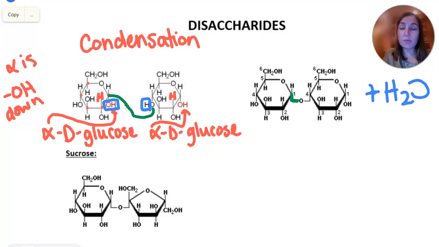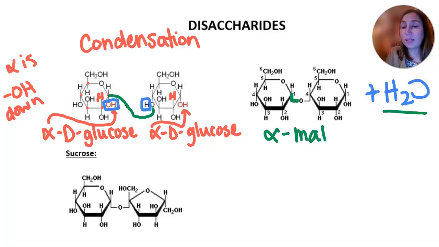And so H on one, OH on another, loss of water for condensation. And what's the product here? This dimer is alpha maltose.